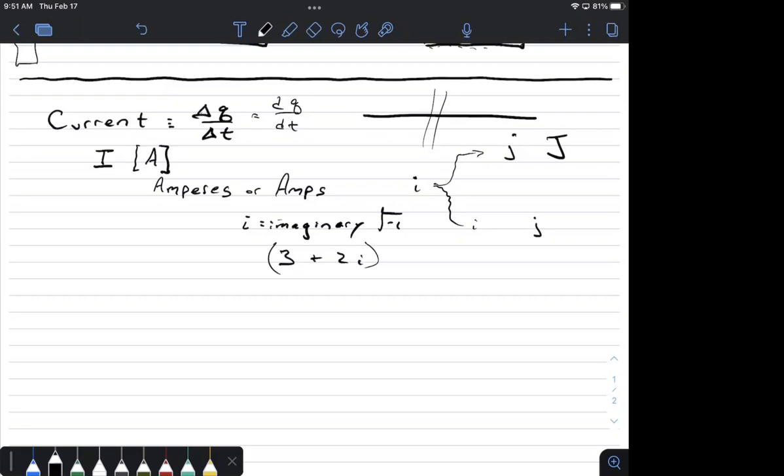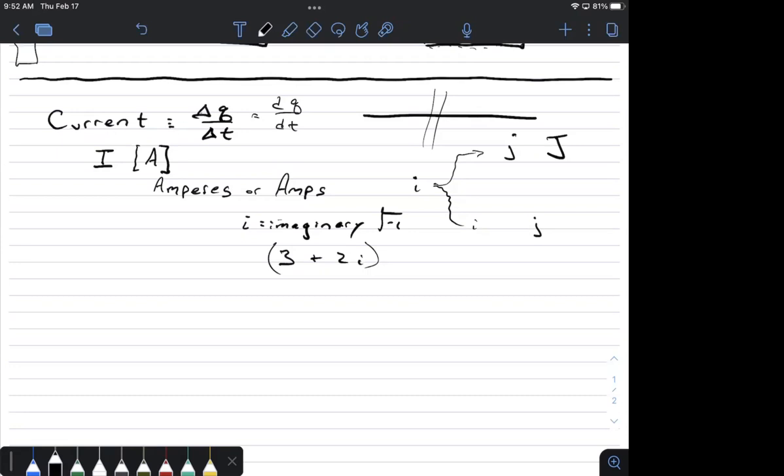I say it not because it'll be confusing in my class, because I'm gonna keep capital I as current. And anytime we have a complex number, it's little I. J is in vectors, I, J, K, the X direction, Y direction, Z directions, J is the Y direction.